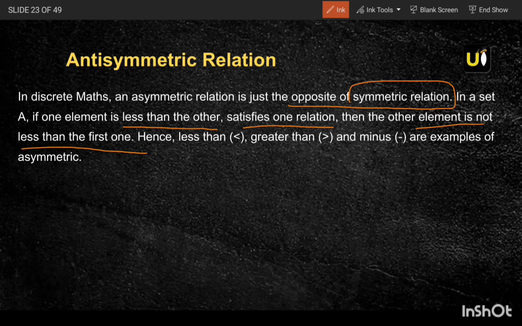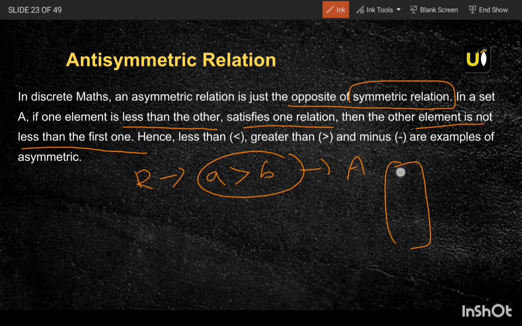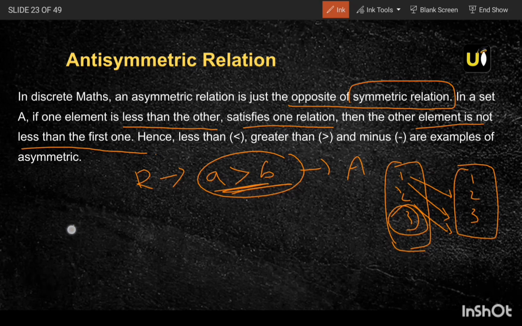So here the meaning is, for example, we consider the relation A greater than B. These are the elements of set A. Let us consider 1, 2 and 3 and one more 1, 2 and 3. So now the relation is A greater than B. Then 1 can map to 2, 1 can map to 3. 2 can map to 3 alone, but 3 is having no mapping because 3 is the greatest number.